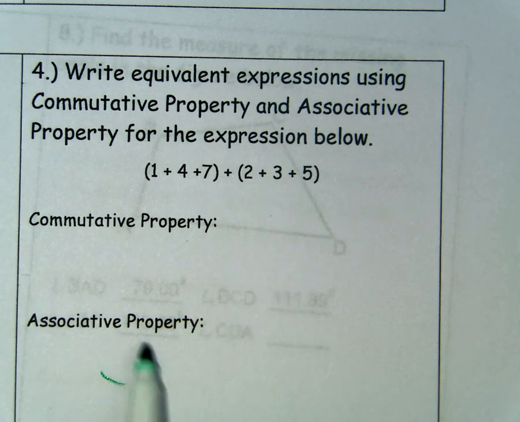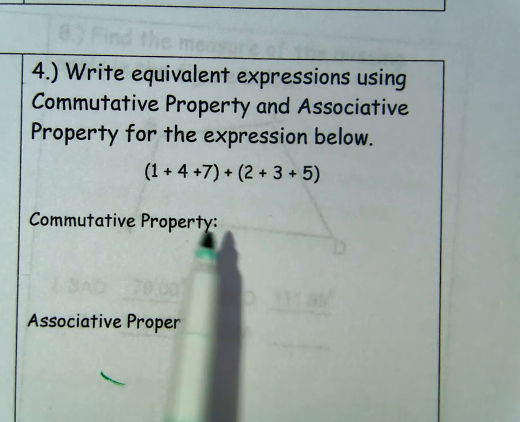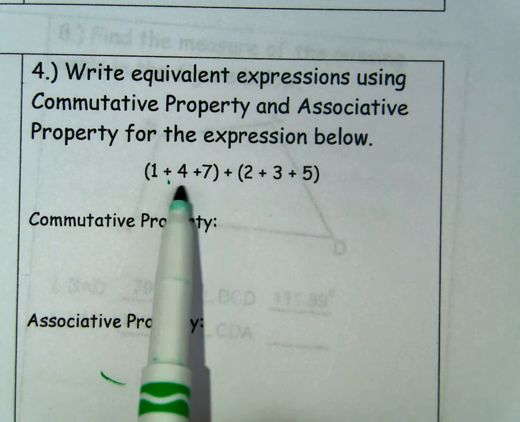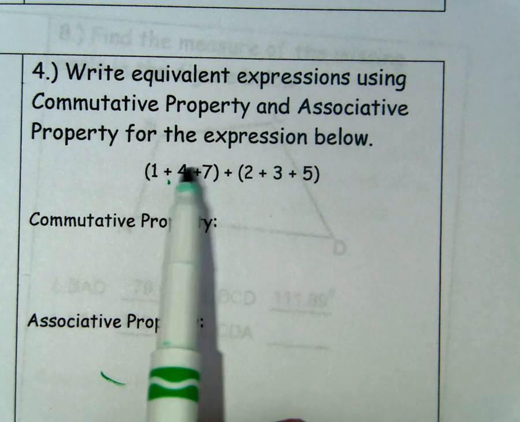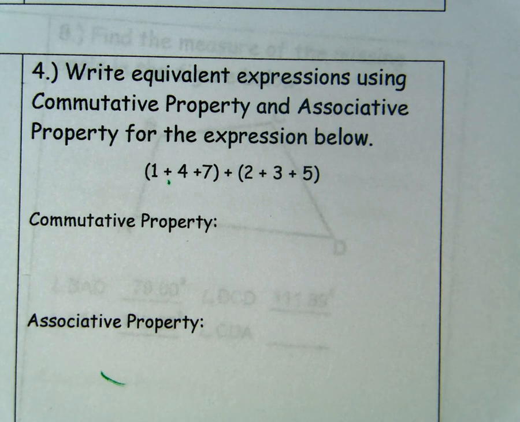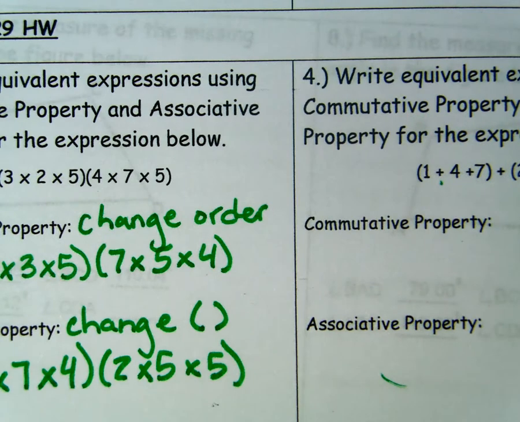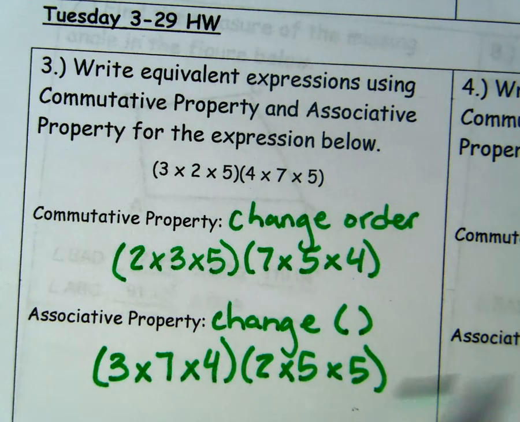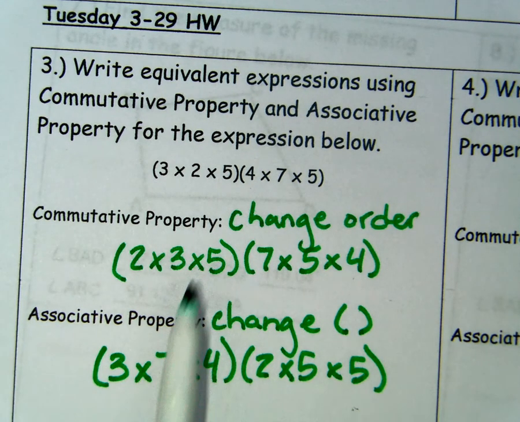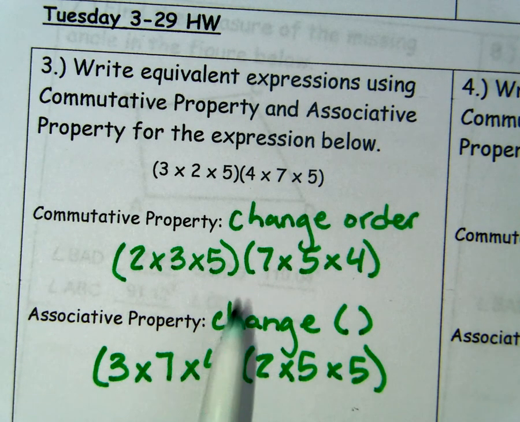And then for associative property, you can take one of the numbers from here and put it in the other set of parentheses, and then take one of these numbers and put them in the first set of parentheses, just like we did for number 3 here. So go ahead and try number 4 on your own using what we just relearned from problem number 3.